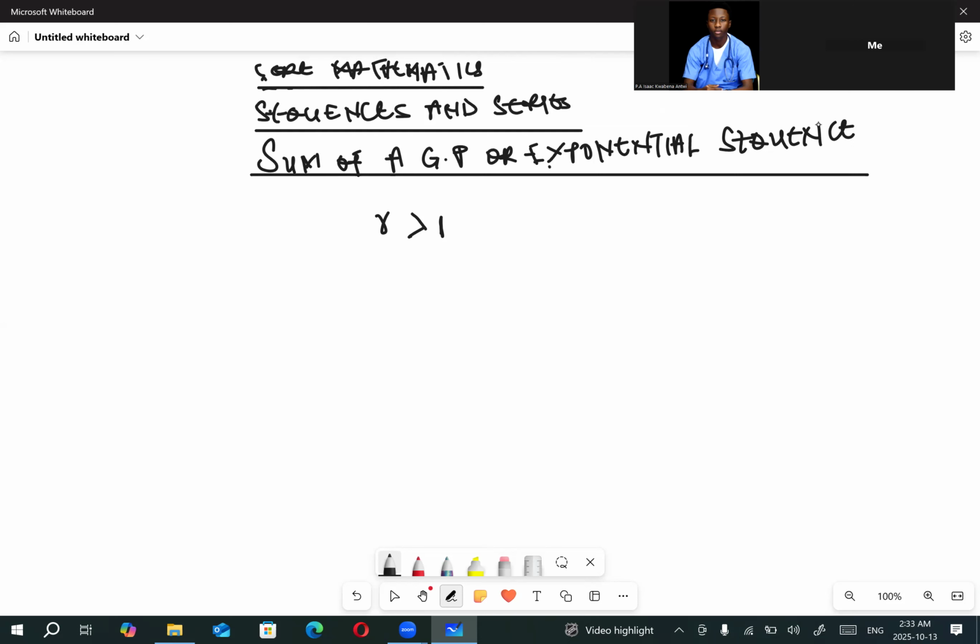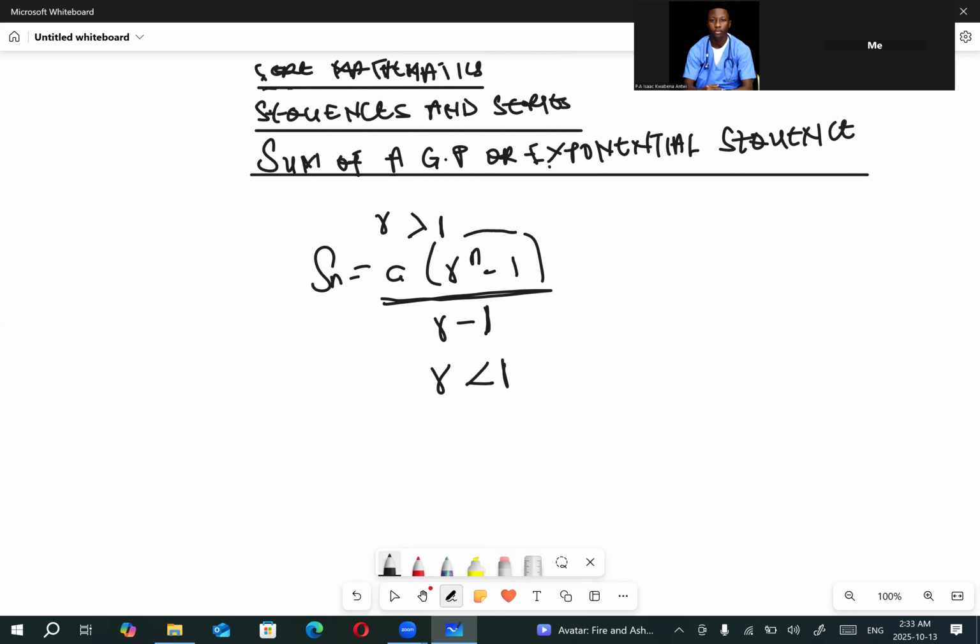When the common ratio is greater than 1, to find the sum, Sn is equal to a, the first term, into bracket r exponent n minus 1, all over r minus 1. And when the common ratio is less than 1, it's this area that's going to change.